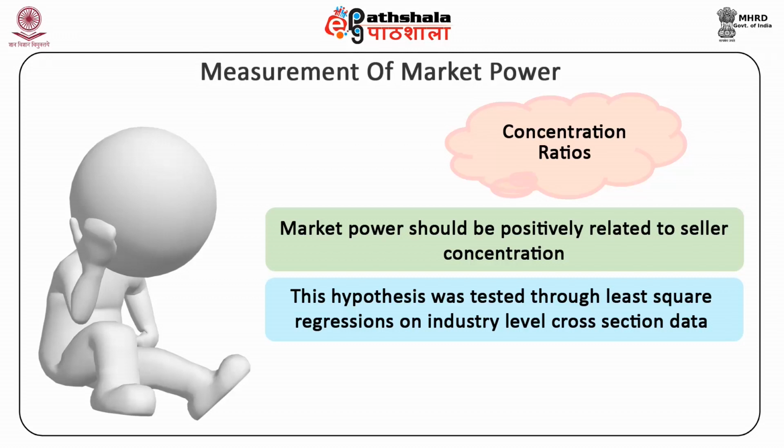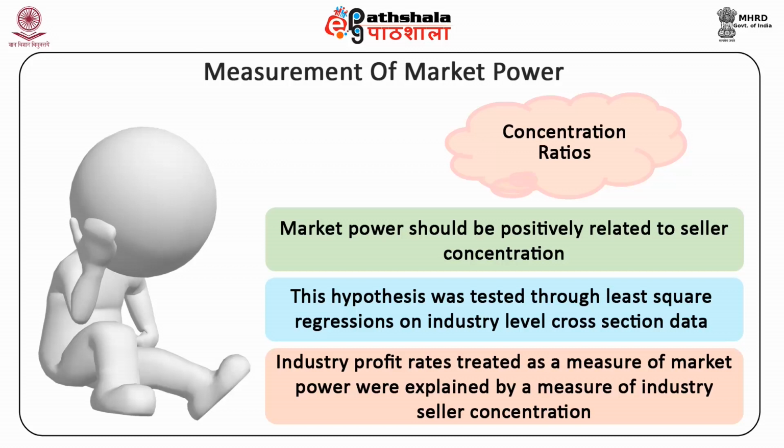In these regressions, industry profit rates, treated as a measure of market power, were explained by a measure of industry seller concentration. The measure of seller concentration that was used was the 4 firm concentration ratio, that is CR4, which is the proportion of industry sales accounted for by the four largest firms.